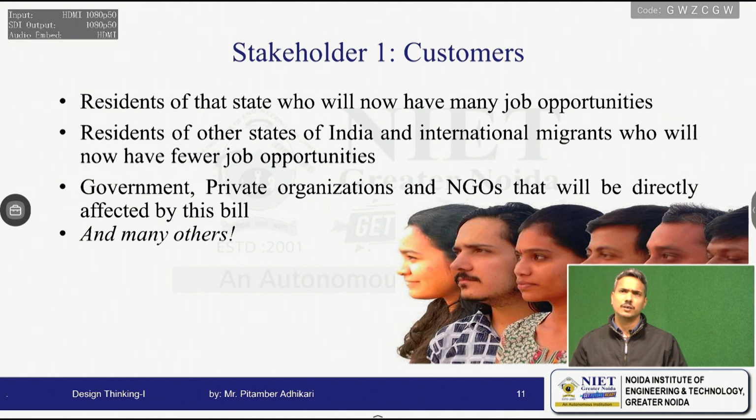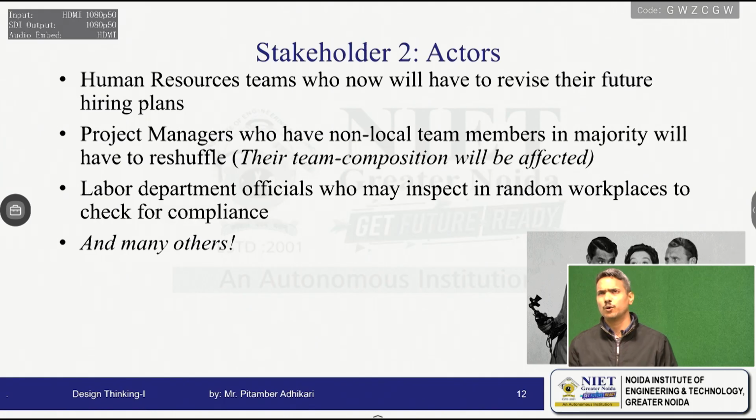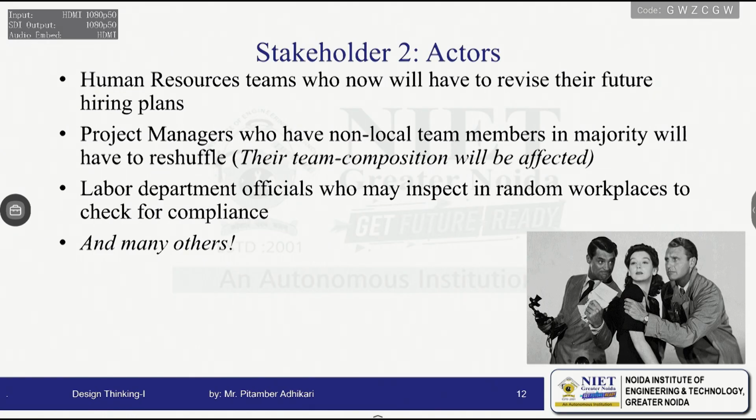After the customer, the second stakeholder is actor. So which stakeholders will come under this category of actors? We have previously discussed who the actors are. Actors are those stakeholders who are actually implementing the solution, who are working on that solution.